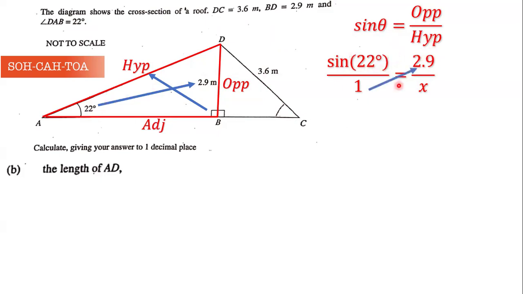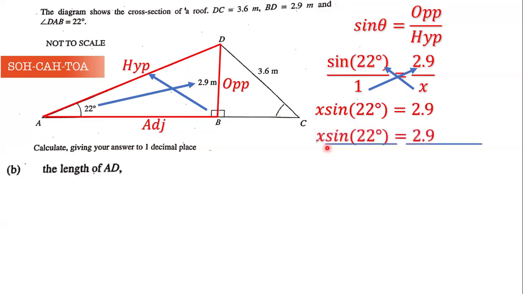And so we have x multiplied by sine of 22, and we have 1 times 2.9. When we cross multiply, we get x times sine of 22 is equal to 2.9. And so what we're going to do here is divide both sides by sine of 22. And so we cancel this one with that one.